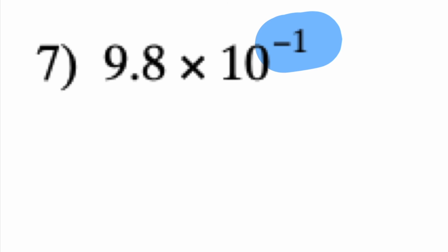So if the answer we get is greater than 1, then we've done it incorrectly. So since this is 10 to the negative 1 power, we're going to move the decimal over to the left 1 spot. So our answer is 0.98.